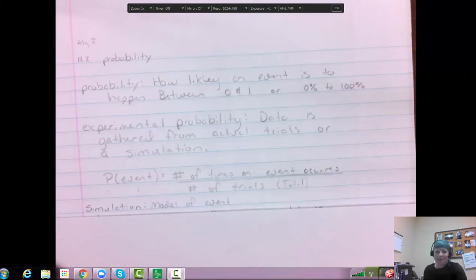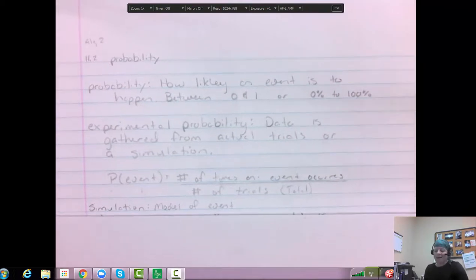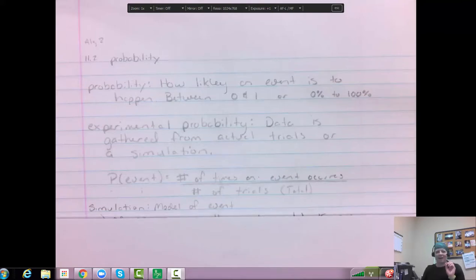I did want to make sure we understand what a simulation is as well. It is a model of an event. A simulation could be where I assign a number on a dice to everyone's grade: A, B, C, D, F, and I have an extra one, so maybe the last one's an incomplete or something like that.